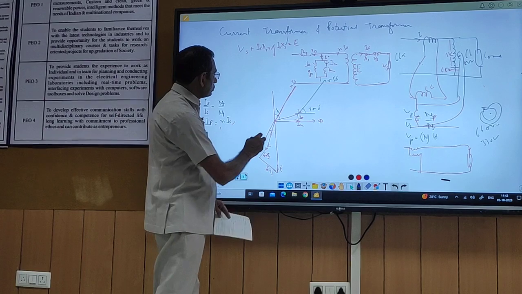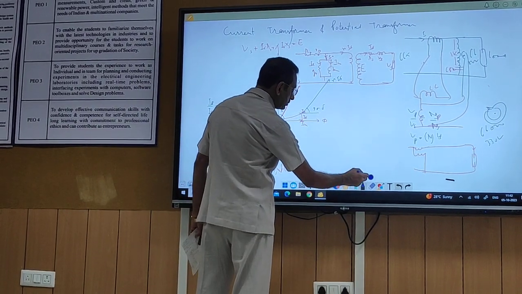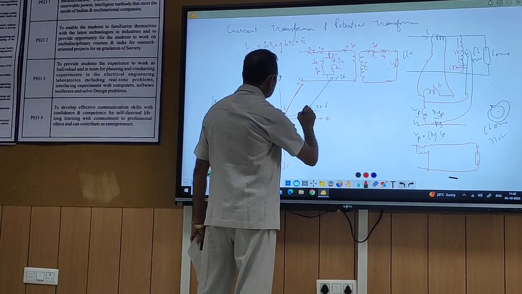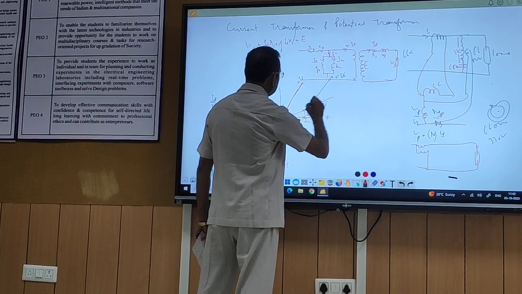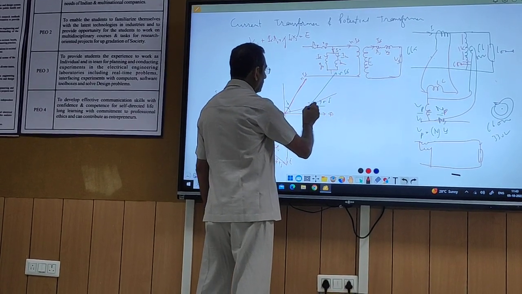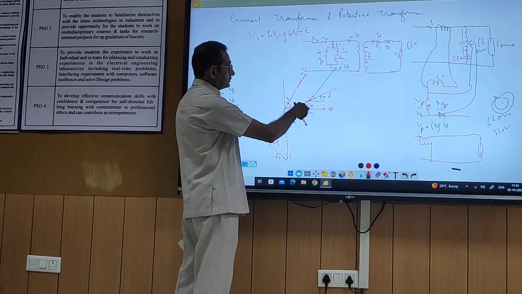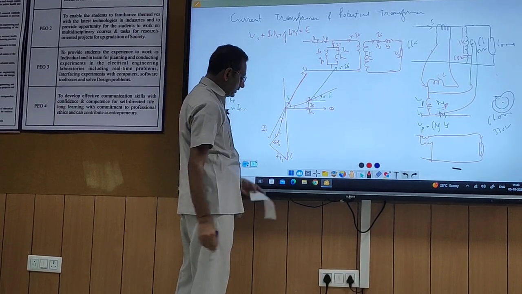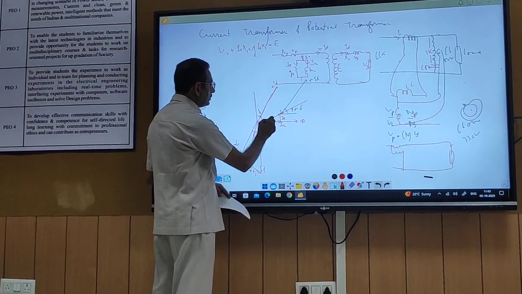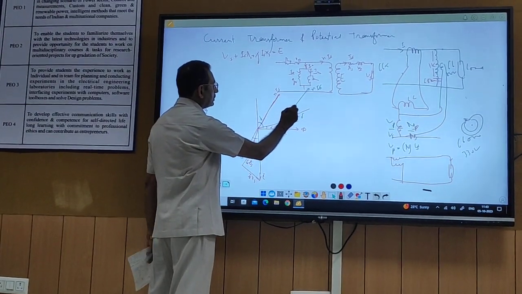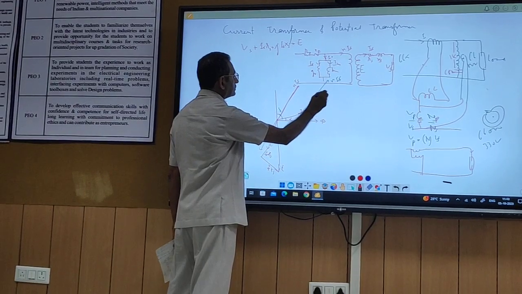From here, using GI and VM, we can find this angle alpha. So this is also alpha. So what is this? 90 minus delta minus alpha.